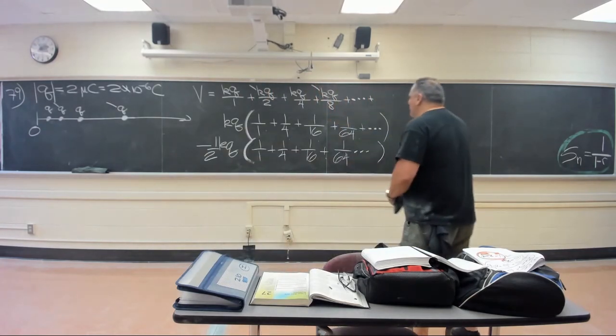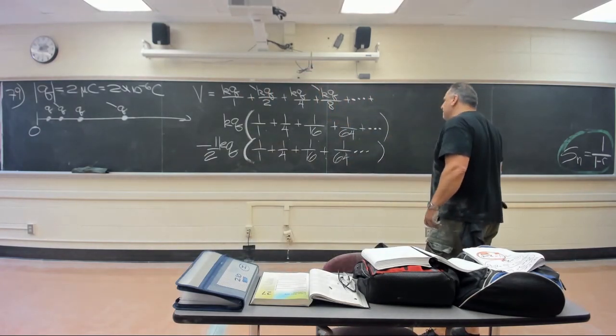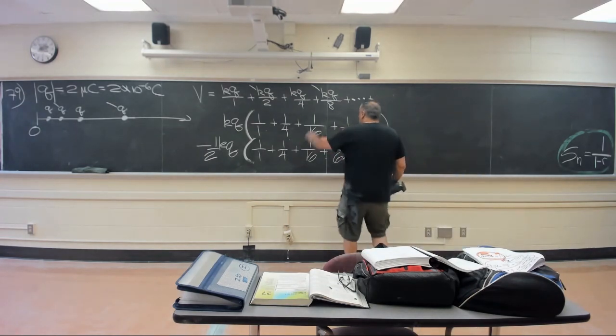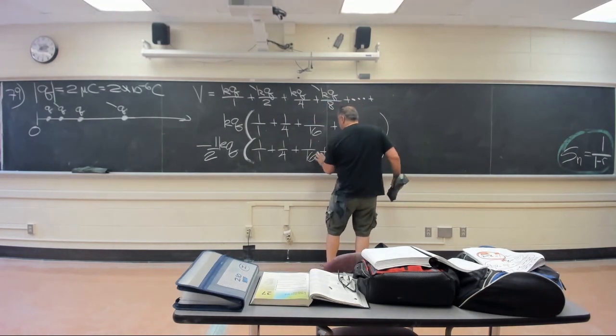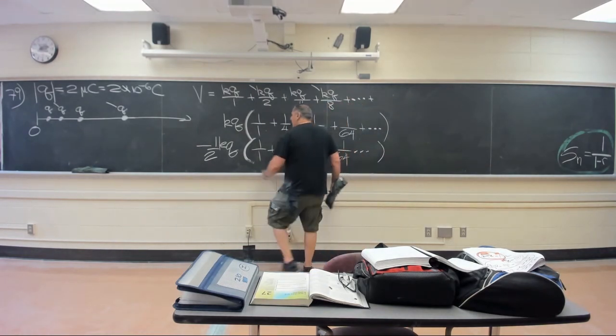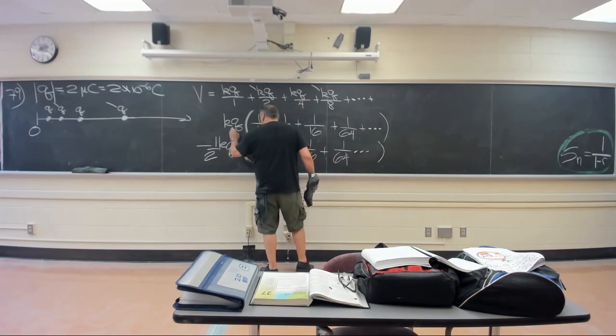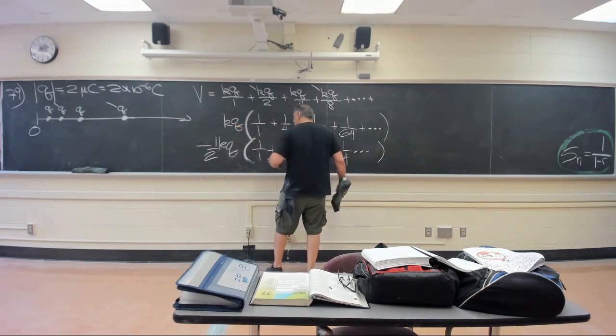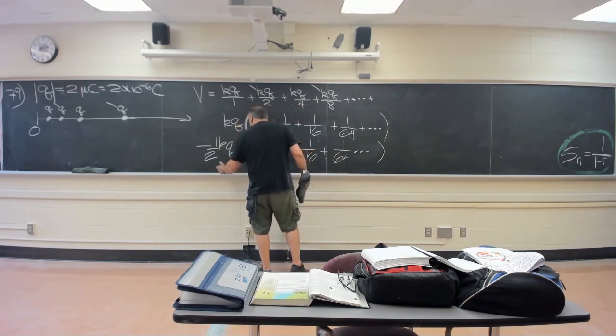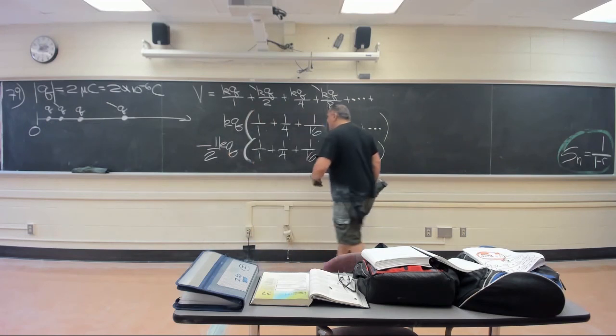You could figure out, there's a lot of things you could do, but it's believable that this is going to converge. Let's call all this right here in parentheses, this sum, big X. Call that guy big X, it's the same thing. Call this guy KQ, call it big Y. So big Y times big X minus 1/2 big Y times big X gives you 1/2.